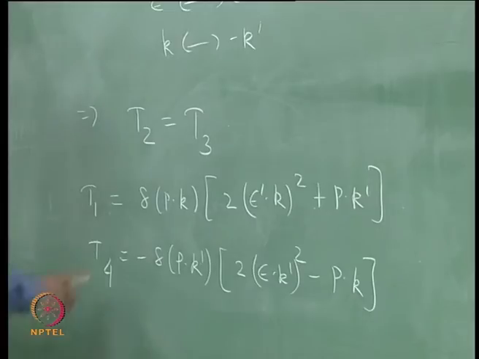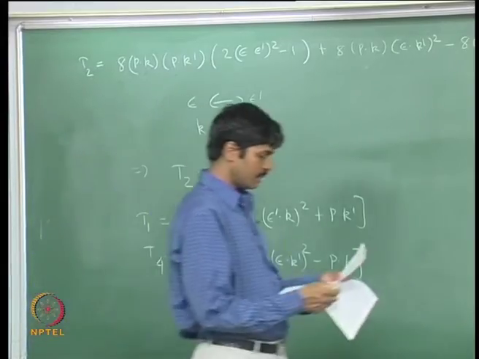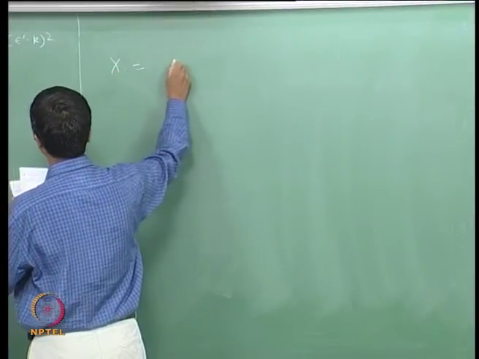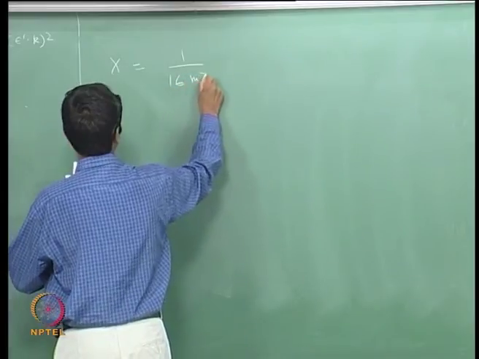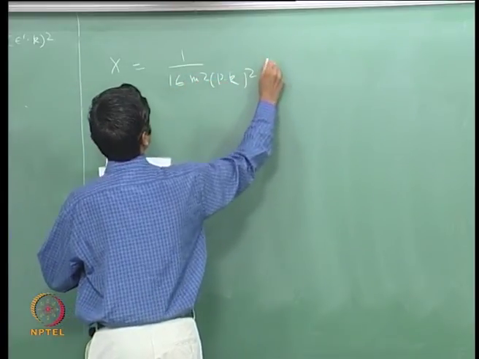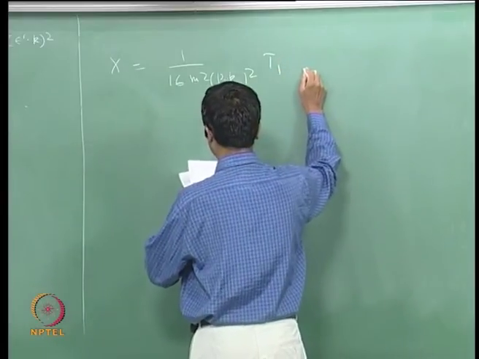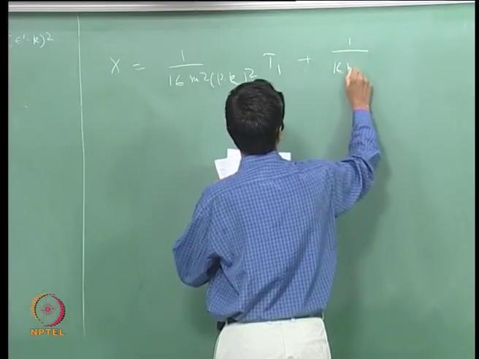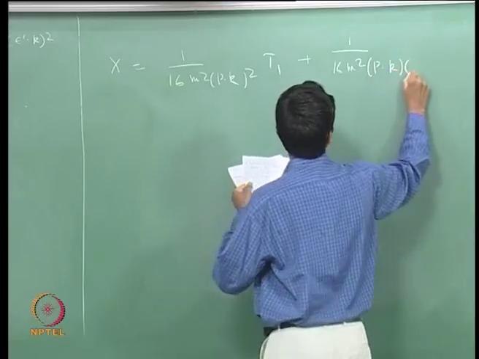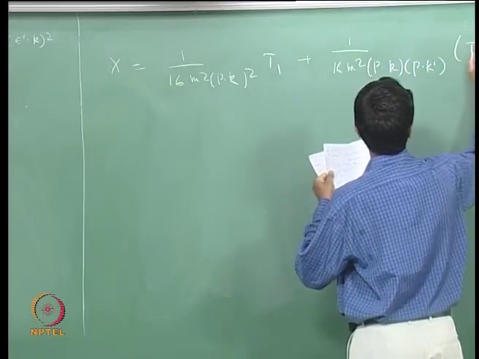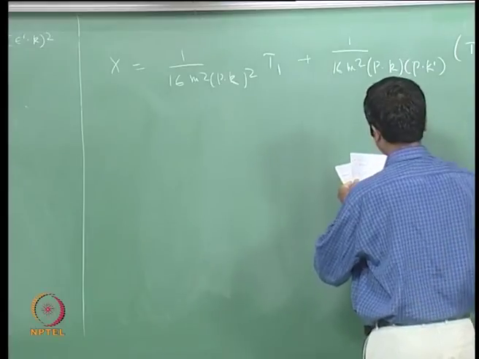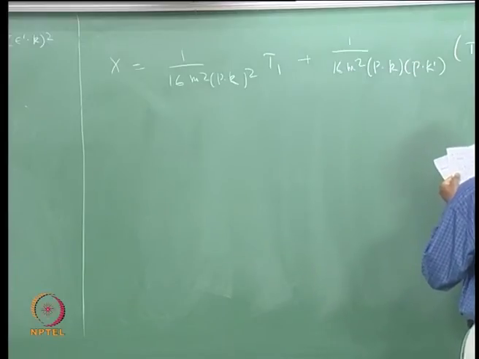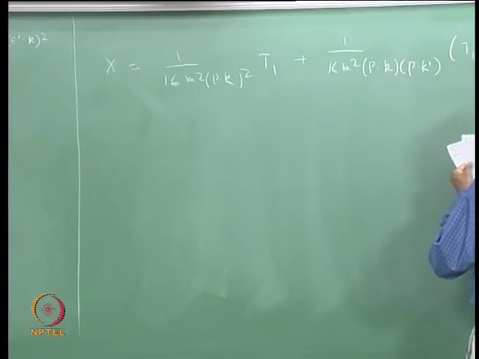This is your T1, T2, T3, T4, and your x is 1 over 16 m square p dot k square T1 plus 1 over 16 m square p dot k prime T2 plus T3 and plus 1 over 16 m square p dot k prime square T4.